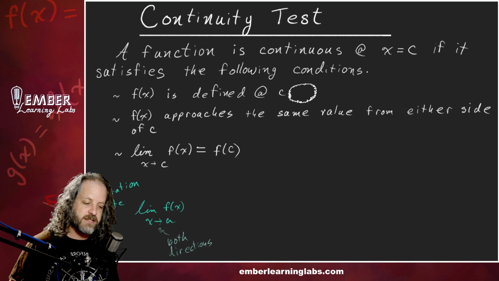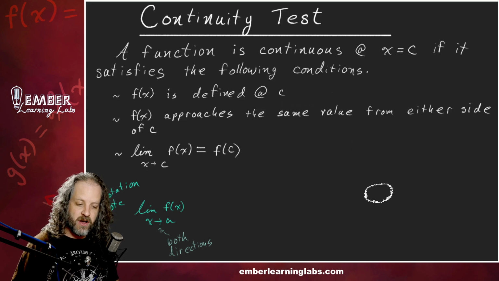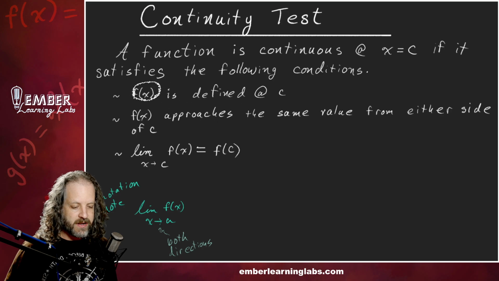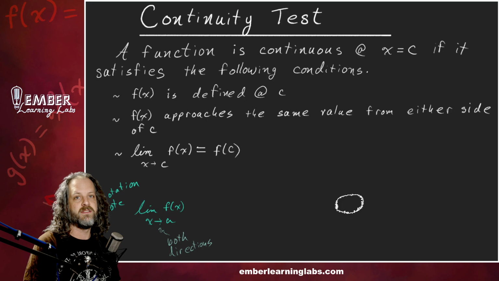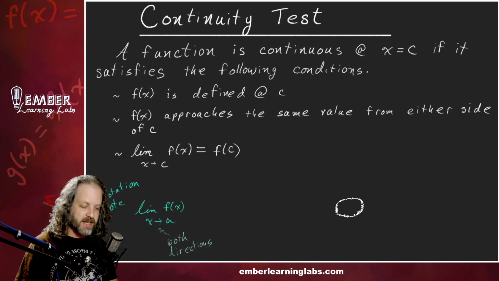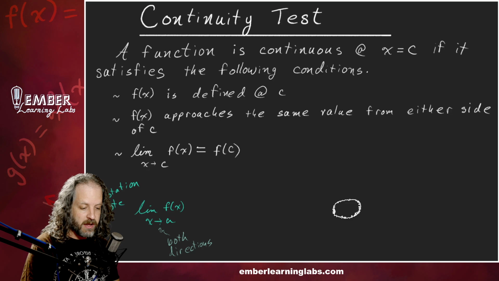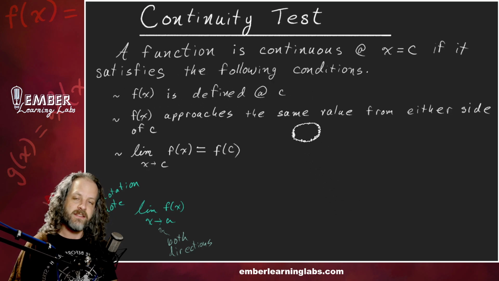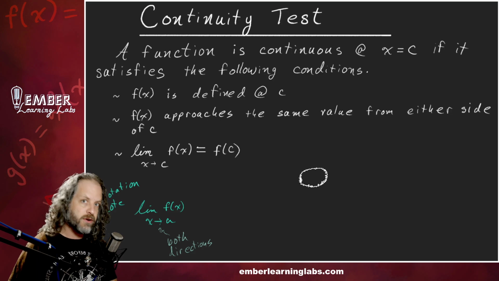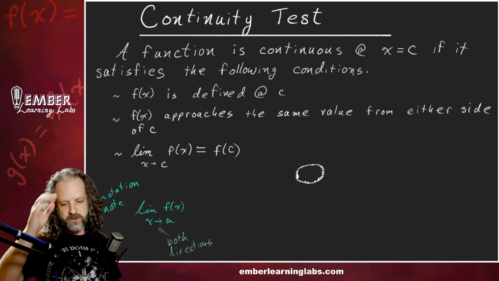First of all, f(x) has to be defined at c. So you have to be able to put the number, whatever it is, in for x and get a real answer out of it. Not an imaginary number, not a does not exist, but a real number, right? If it does that, then the first condition is checked. We're going to do some examples of this in a minute, which will help, I think.